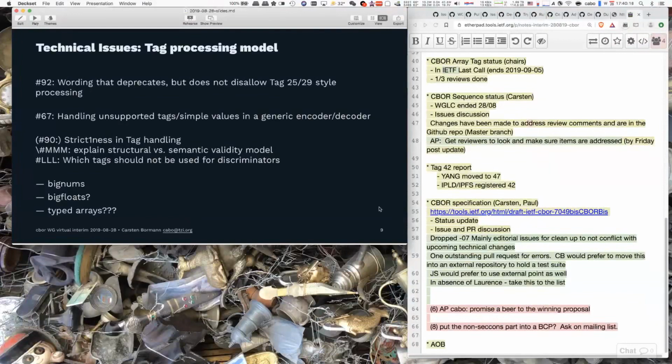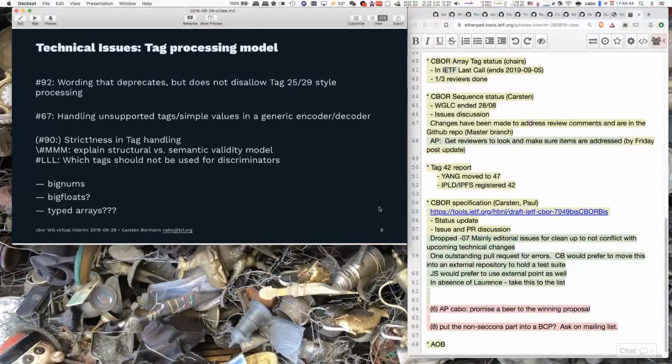I'm not sure this can be entirely on the BCP side, because at some point we need to say what the validity of tags is about. And then there is one really interesting question that hasn't been formulated into an issue yet. Which of the tags should not be used for discriminators?